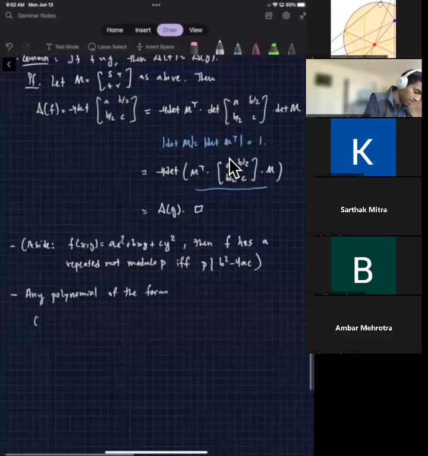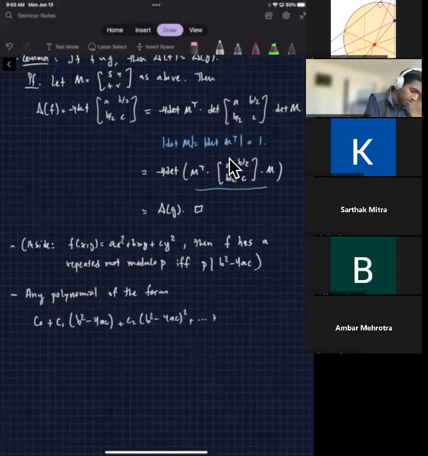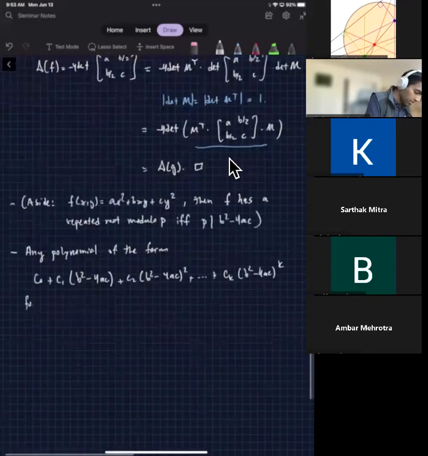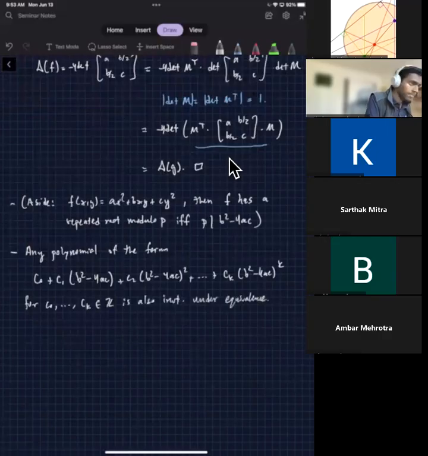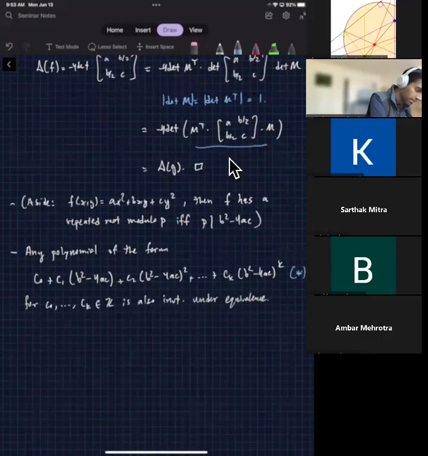So any polynomial of the form c0 plus c1 times (b squared minus 4ac) plus c2 times (b squared minus 4ac) squared, all the way up to ck times (b squared minus 4ac) to the k, where the ci's are integers, is also going to be invariant under equivalence. I'm going to call this polynomial here star, because I'll use it later.